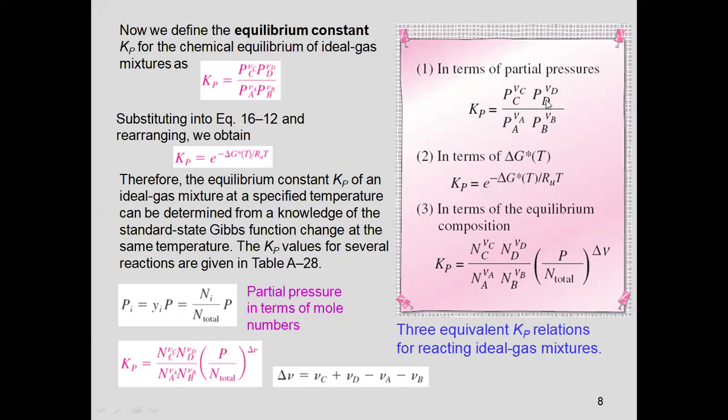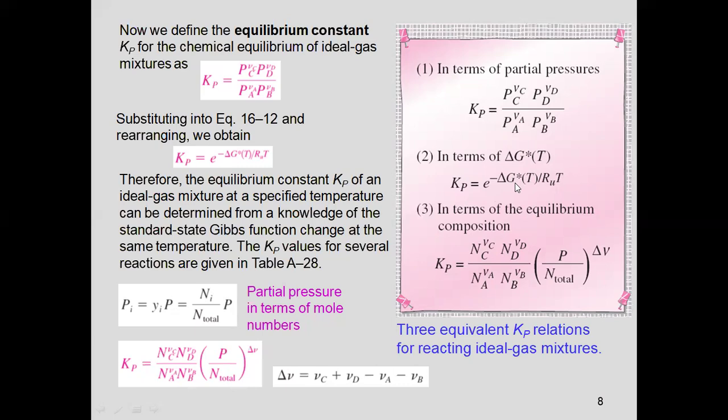That is Kp in terms of partial pressure, and Kp in terms of the standard state Gibbs function change, that is delta G star.